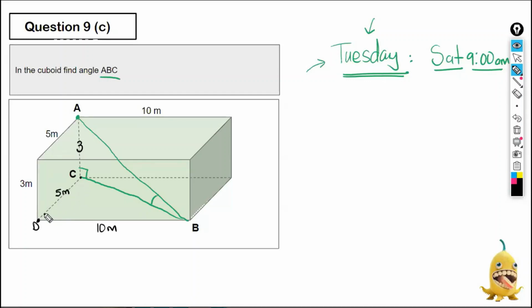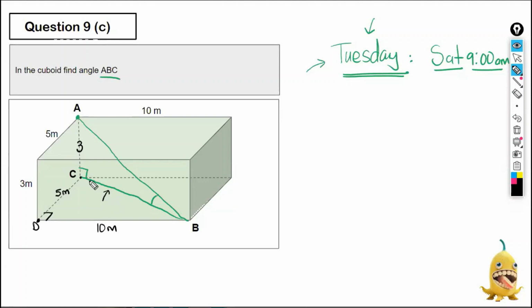So, the underneath of a box is a rectangle. So here's a right angle. Couldn't you use Pythagoras theorem to find the length of CB? Because here's 5 meters and here's 10 meters. Now, it's kind of hard to imagine because it's a 3D diagram, but from C to D to B, back up to C is a right angle triangle, where this green line is the hypotenuse.